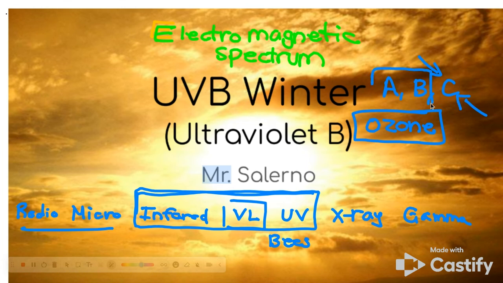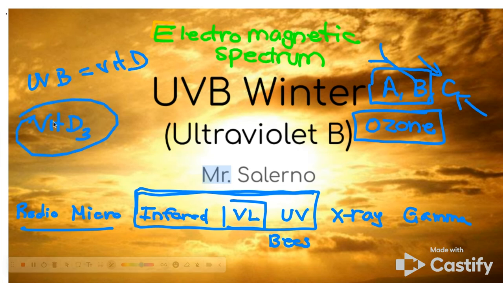We only get A and B. And from A and B, we only want UVB, because UVB gives us vitamin D, especially vitamin D3. Vitamin D3 is essential for our health. It's essential for calcium, to move calcium in our body, and for our immune system.